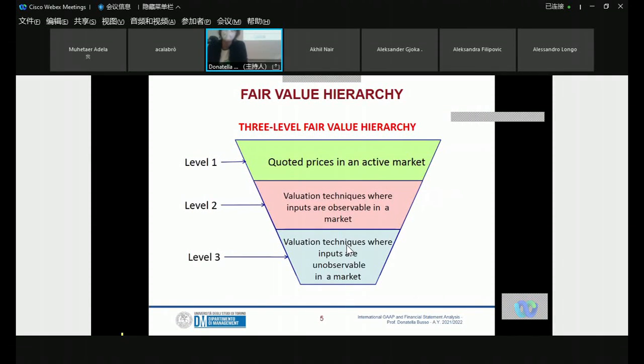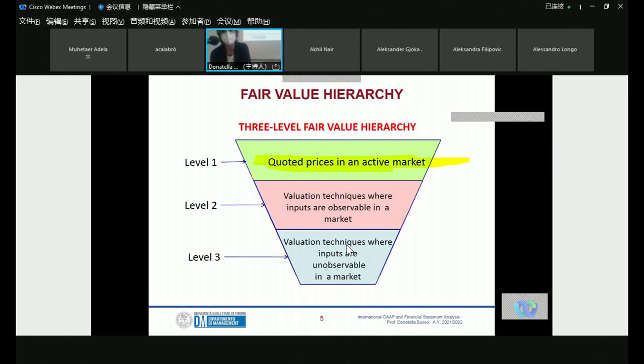And for some assets, it is quite easy, very easy to determine the fair value. Because if the assets are quoted, listed in a market, like for example shares that are listed, it's very easy to find the fair value. Very easy because it is sufficient to look at the prices of the market.